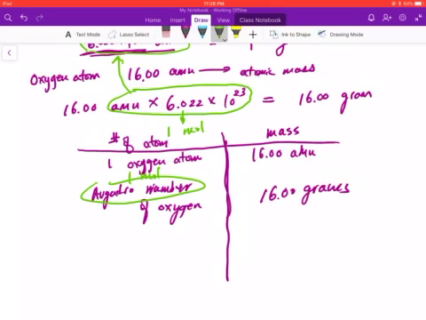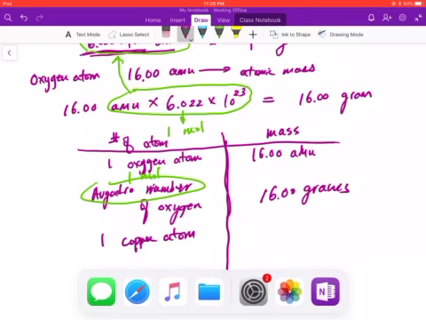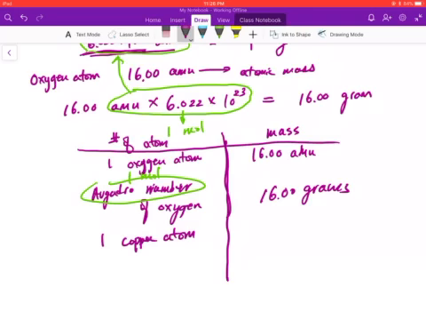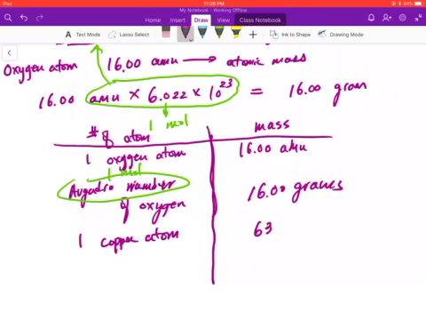So what if I have one copper atom? You go to the periodic table, you look for its atomic mass, and it is 63.55 AMU if I keep 2 decimal places.